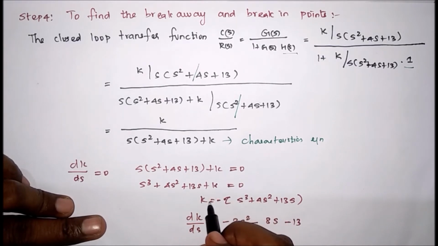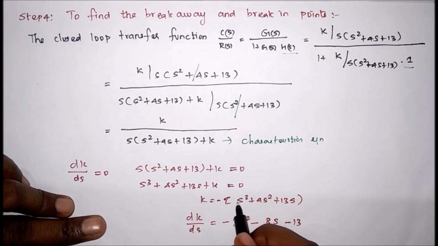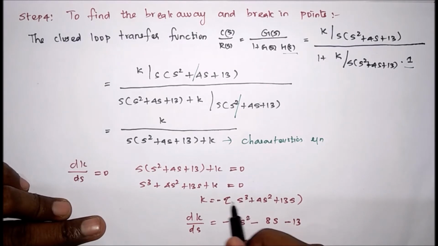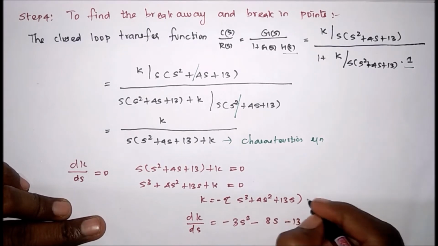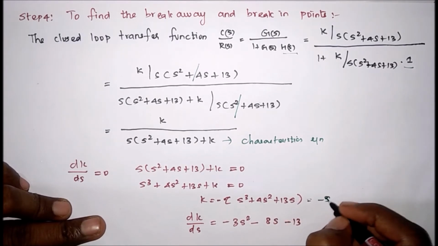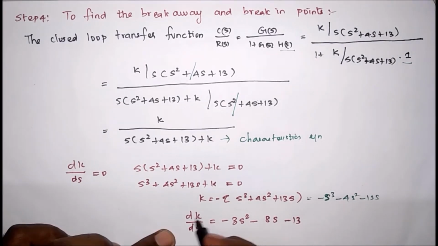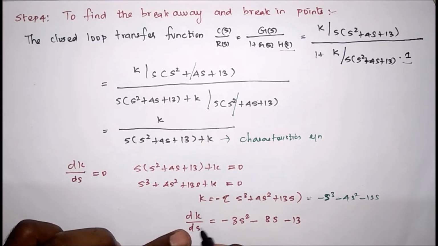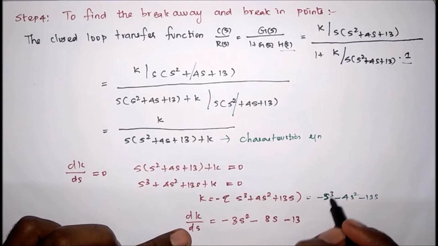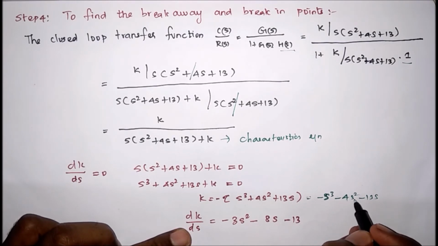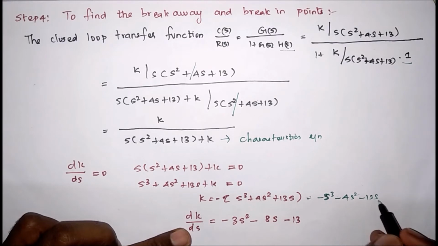Now we get k equal to minus of the entire term. Then we differentiate with respect to s. We multiply this minus inside, so it becomes minus s cube minus 4s square minus 13s. Differentiating k with respect to s, it becomes minus 3s square, minus 2 into 4s, minus 8s, minus 13.